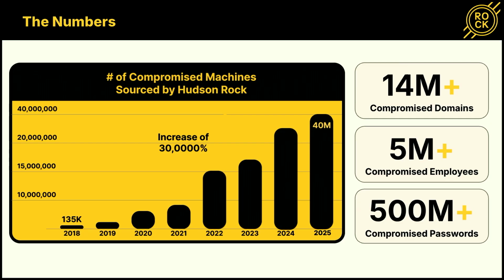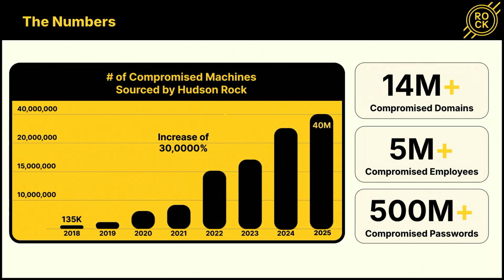On average, each computer has approximately 100 passwords. So for the real number, we need to take those 40 million compromised computers, multiply by 100 passwords, and this is what we will get. The threat actors basically created for themselves a big pool of data related to 14 million compromised domains, 5 million compromised employees.